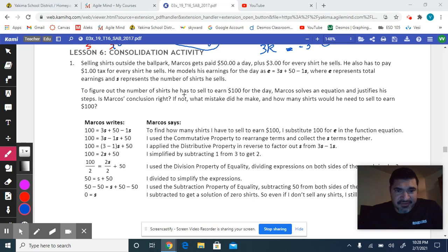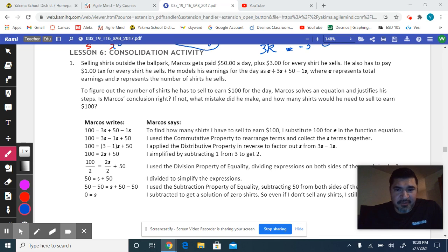To figure out the number of shirts he has to sell to earn $100 for the day, Marcos solves an equation and justifies his steps. Is Marcos's conclusion right? If not, what mistakes did he make? How many shirts would he need to sell to earn $100?